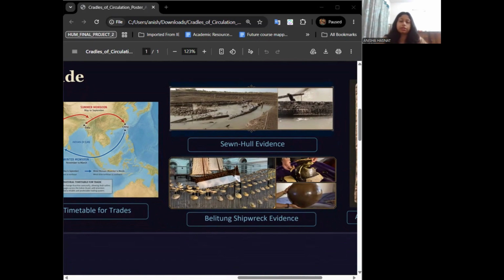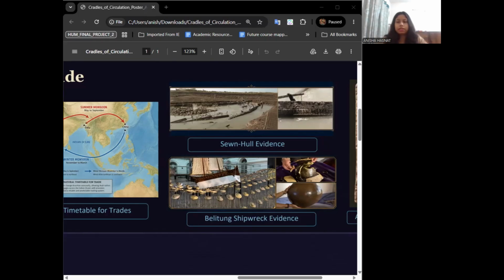It was a large industrial system. The Belitung alone carried more than 60,000 Chinese ceramics, most of them mass produced in the Changsha kilns of China. Research shows that the goods were being produced on a very large scale, mainly for foreign export and trade markets.